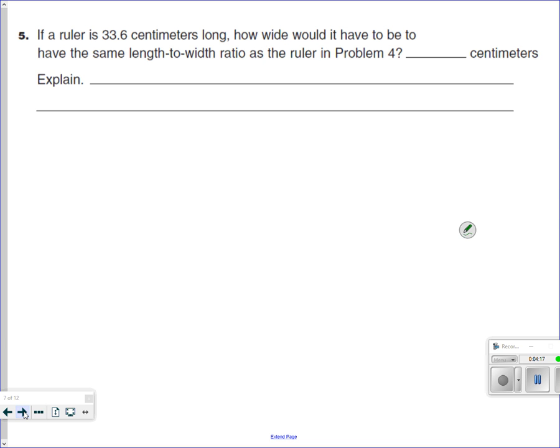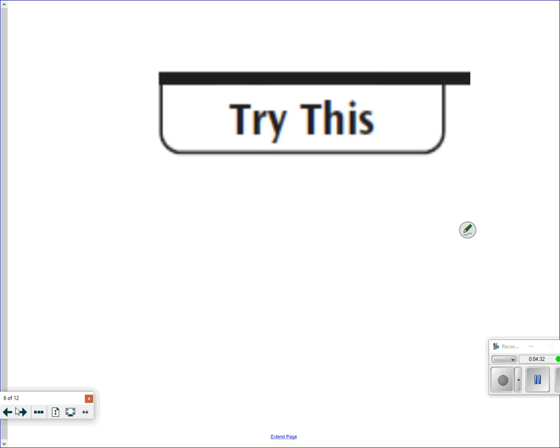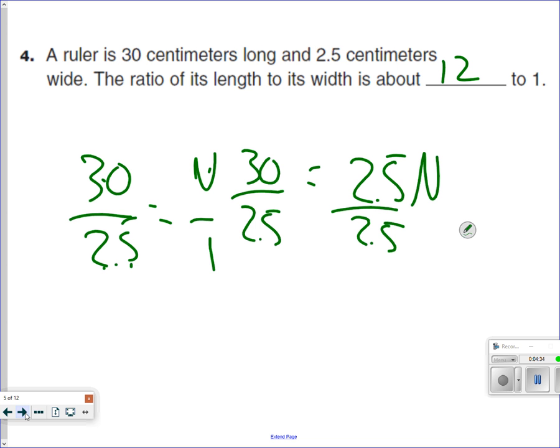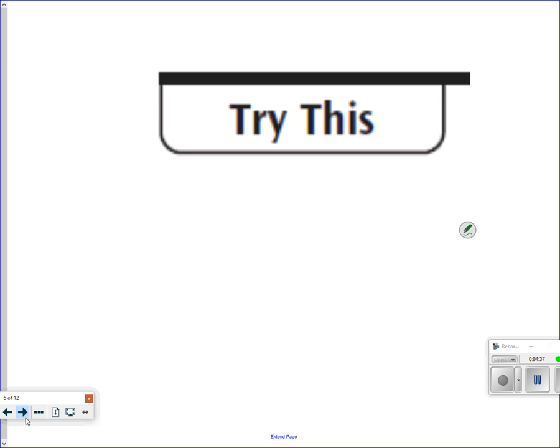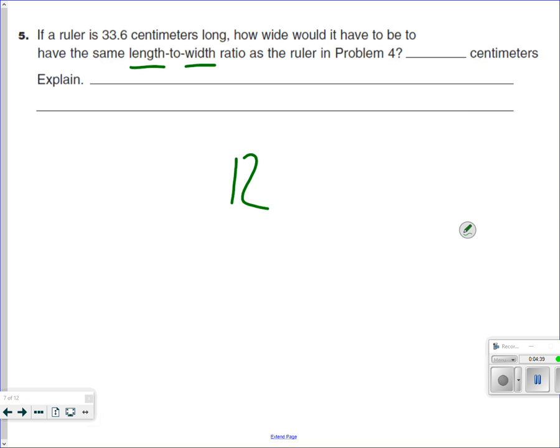Try this. If a ruler is 33.6 centimeters long, how wide would it have to be to have the same length to width ratio as the ruler in problem 4? Well, the length to width ratio we just did was 12 to 1. So 12 to 1 is our length to width.